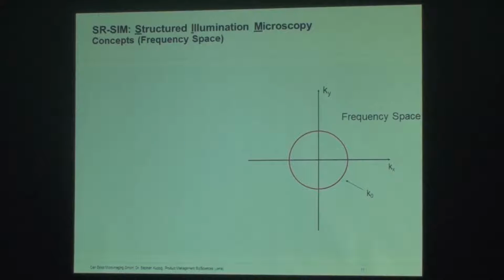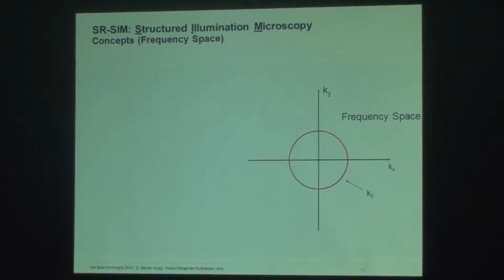So if we go to the frequency space, we have to, because the image acquisition is performed only in the spatial domain. But the calculation for the structured illumination to bring this high frequency information back to the spatial frequency of the actual system is performed using very sophisticated algorithms, fast Fourier transformation algorithms.